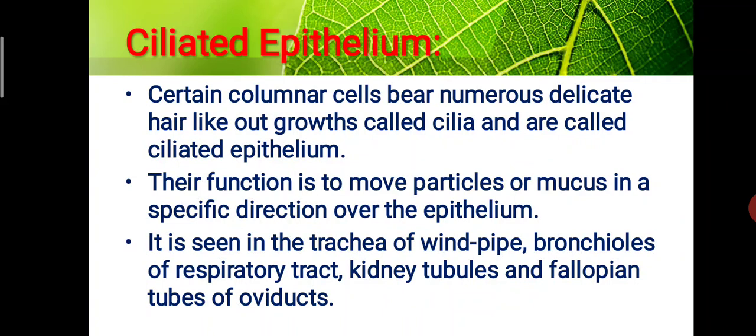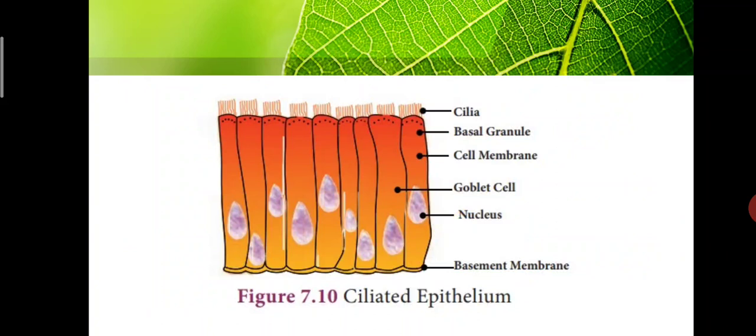See the last point: it is seen in the trachea or windpipe and bronchioles of the respiratory tract, and kidney tubules and fallopian tubes or oviducts. Ciliated epithelium looks like this. On the top you can see the hair, that is cilia, present along with the nucleus, and their columns you can see here.